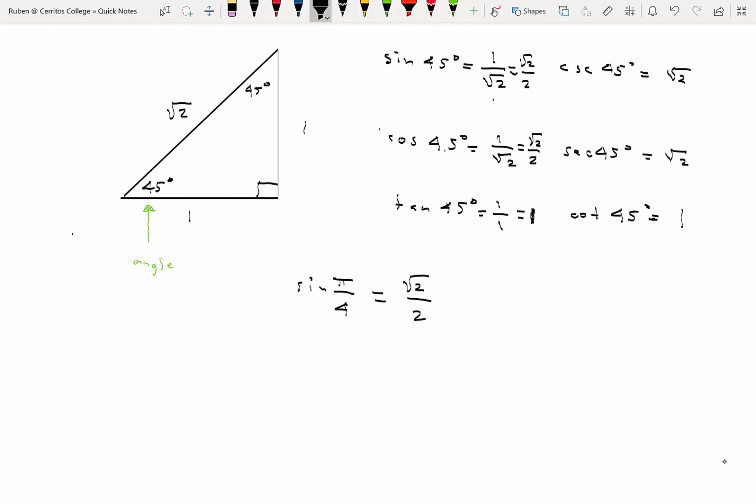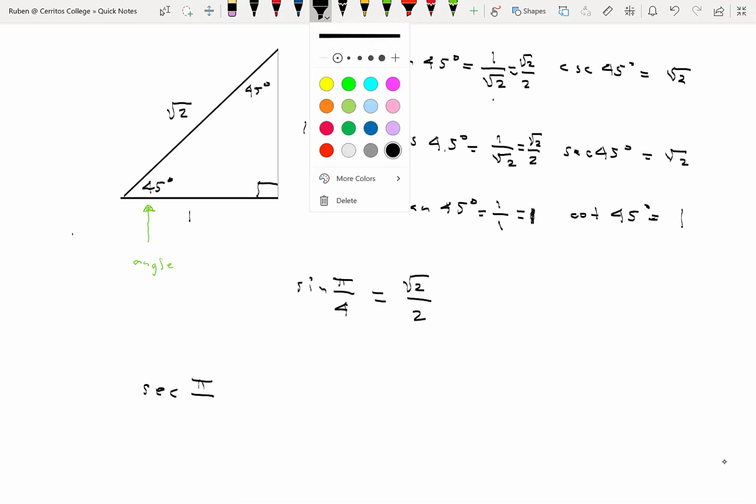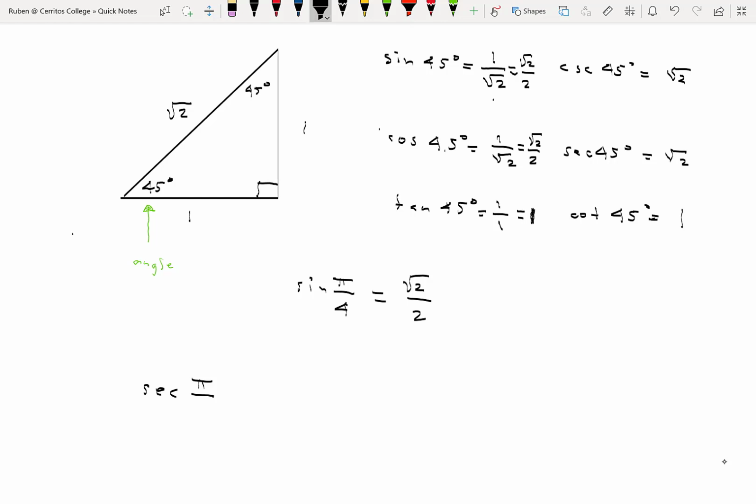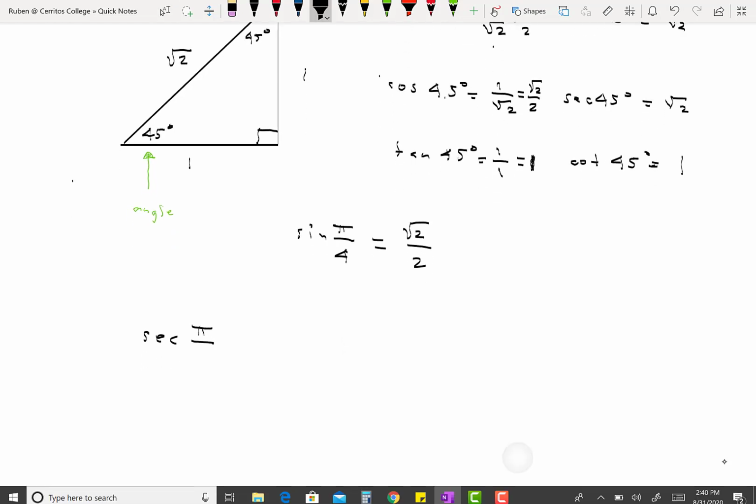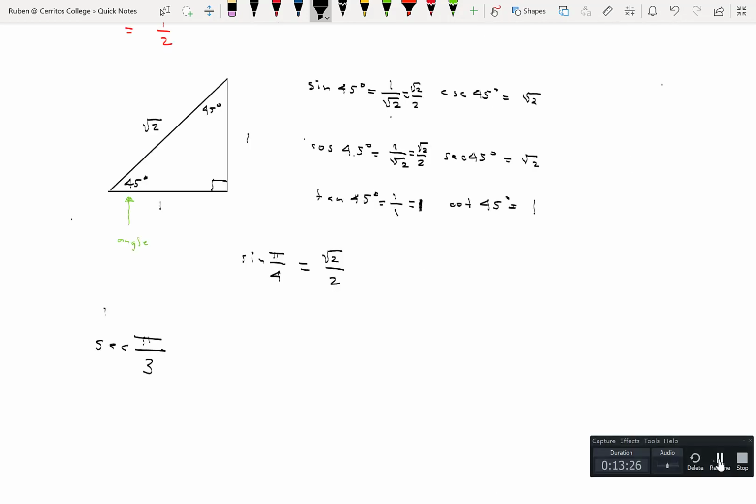What if I want the secant of pi over 3? Just an oddball number. Well, we would realize that pi over 3 is how many degrees?